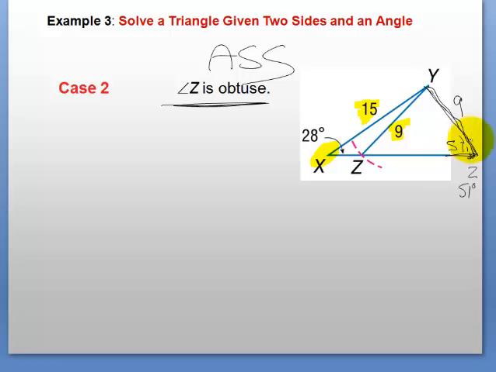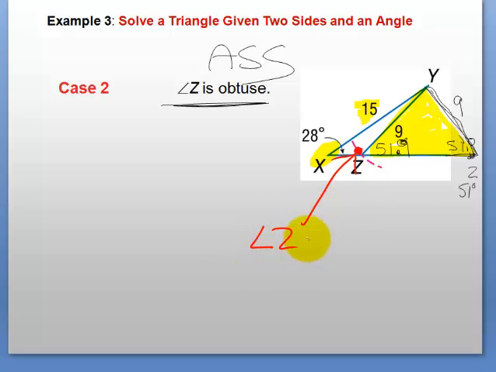So if this is 51 degrees, if I'm looking just at this triangle, and I'm going to highlight this on the right-hand side, I really have a triangle that's created with two lengths that are the same, 9. Well, if those two lengths are the same, that means that right here we have 51 degrees. Now that's not angle Z. Angle Z is here.